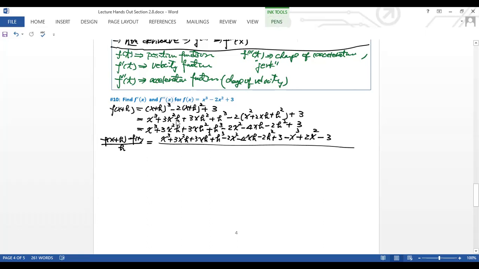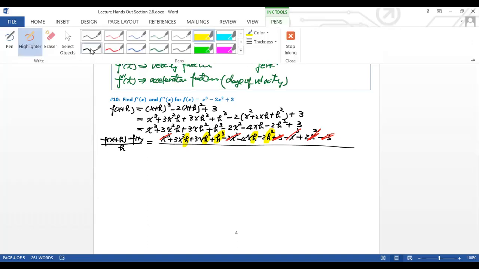Then the next thing here, let's try to cancel. Oh, this is good, x cubed. And oh yeah, this one is good, 2x squared. I can cancel this 2x squared, then 3 and the negative 3. Excellent, right? So after I do that, I find out I have h here, h here, h here, h here, h here. Excellent.